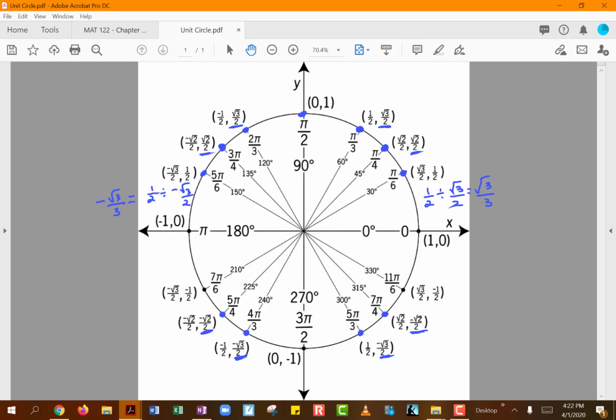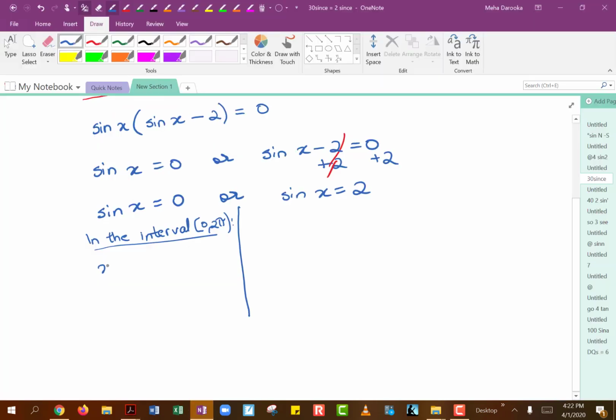You will see sine of x is going to be 0 at the starting point, which is the angle 0, and then of course back here again at pi, where your sine value is 0 again, right? So at x equals 0 and x equals pi, our sine function is going to be 0 for both of those.